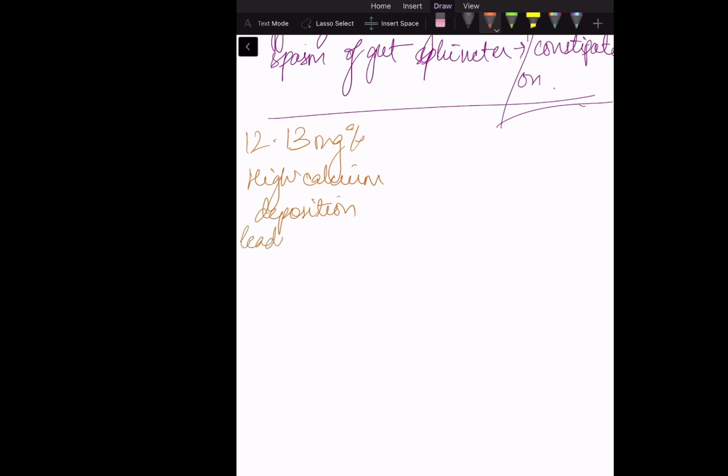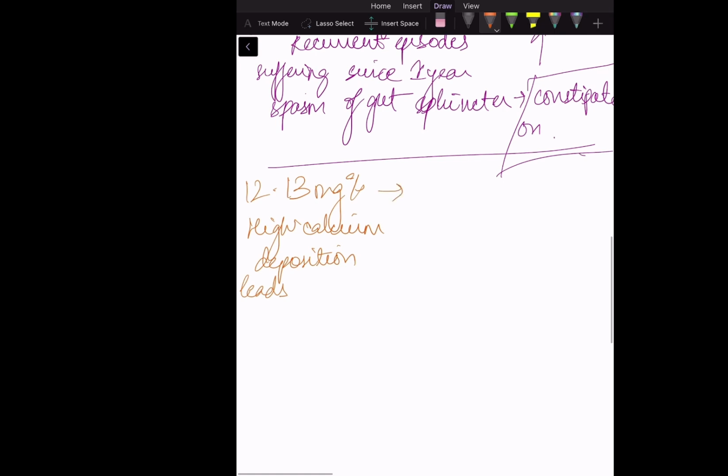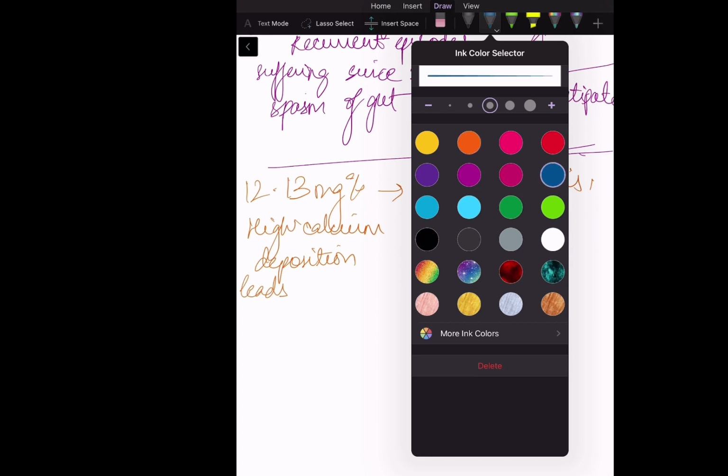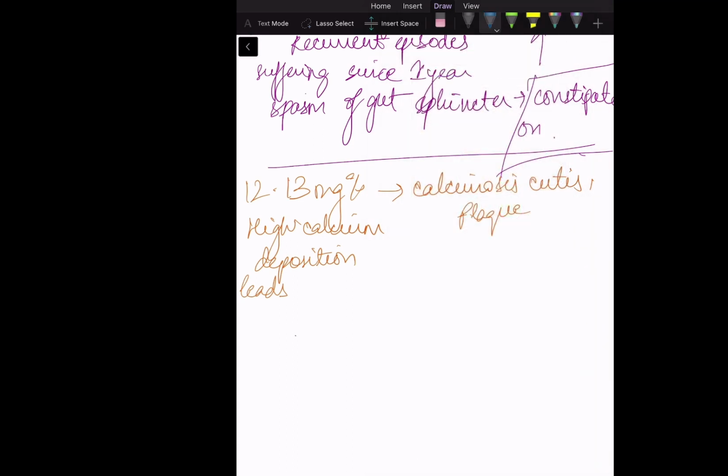It will lead to calcinosis cutis, or plaque, you can say. What is it basically? It is hardening of the wall of blood vessels.